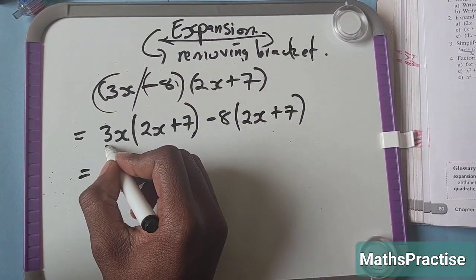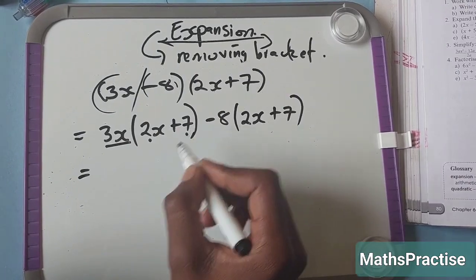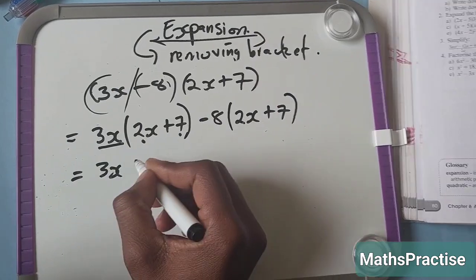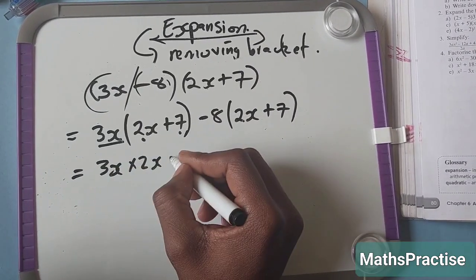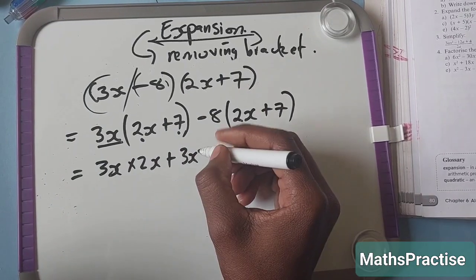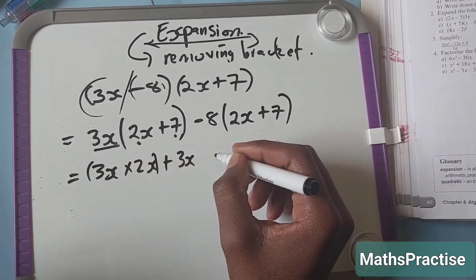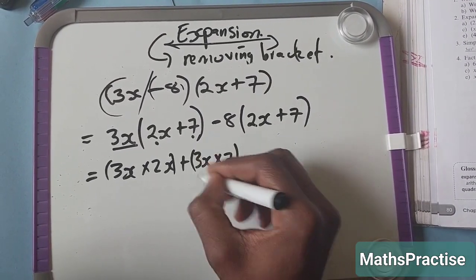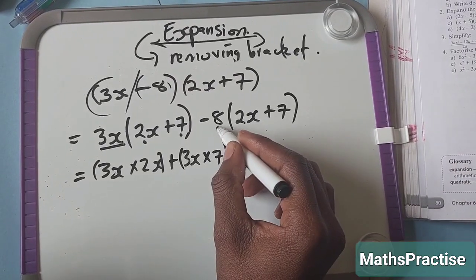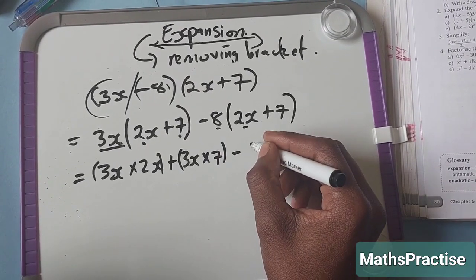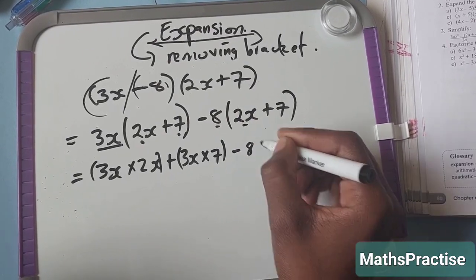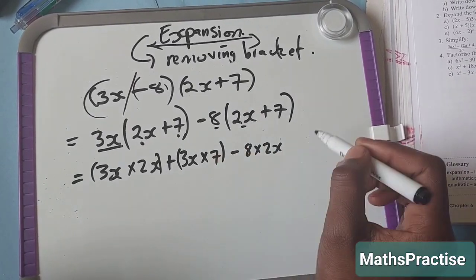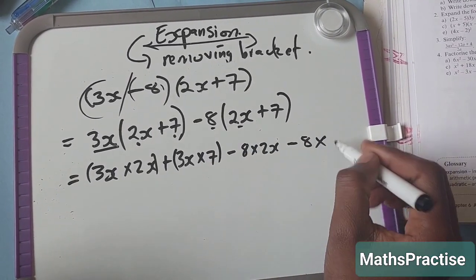Now you're just multiplying the 3x with this bracket. So 3x times 2x, plus 3x times 7, minus 8 times 2x, and then we also have minus 8 times 7.